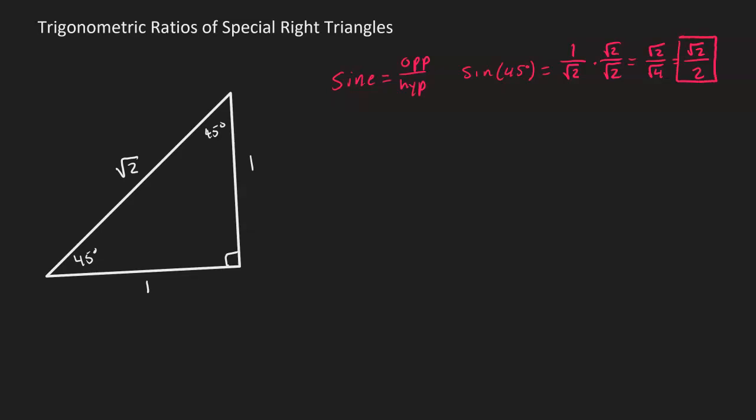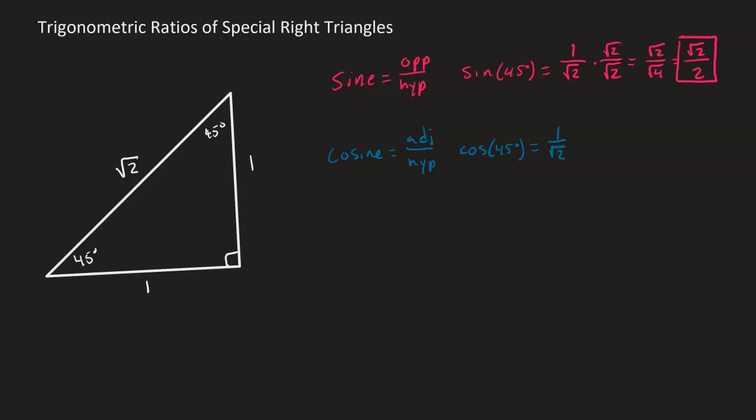Let's go ahead and do the same thing with cosine. I know cosine is adjacent over hypotenuse. So the cosine of 45 degrees, if I'm looking at this angle, would equal 1 over rad 2.